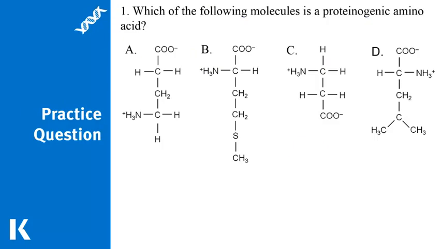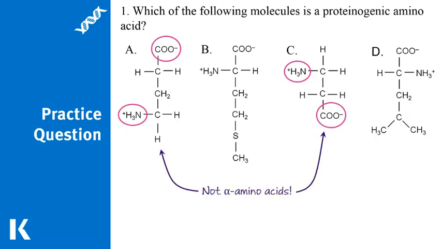And so now, let's return to conquer our study question from earlier in this video. Take a moment and answer this question now. Consider first answer choices A and C. On these molecules, the carboxyl group is too far separated from the amino group, and that means that these are not alpha amino acids and can be safely eliminated.